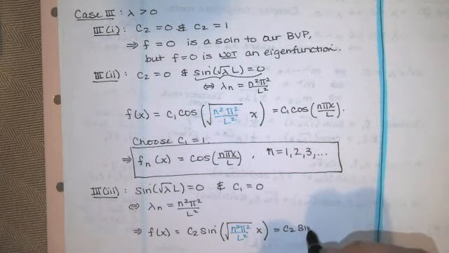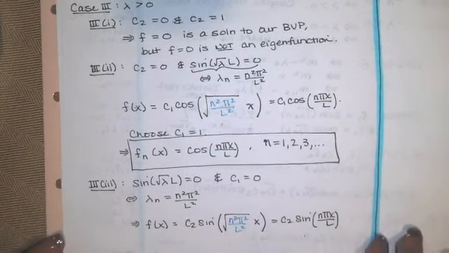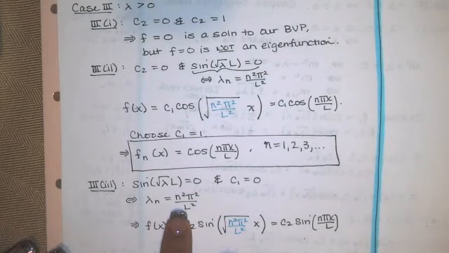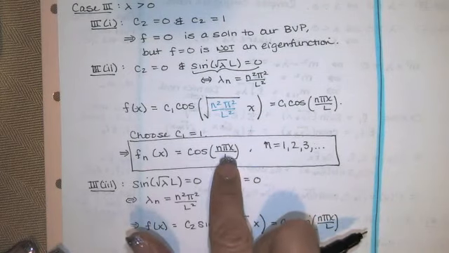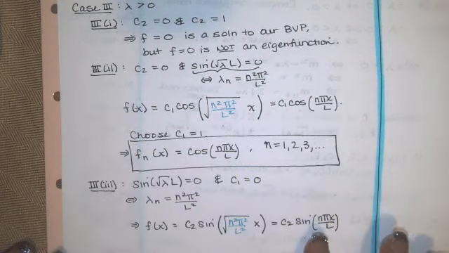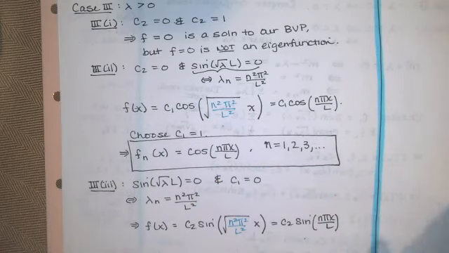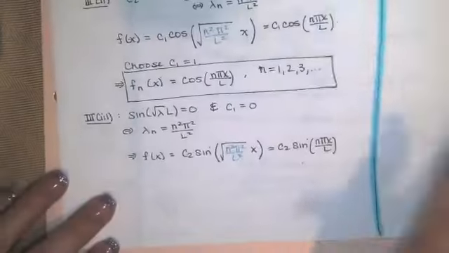So we get C2 times sine of n pi x over L. So for this value of lambda, lambda sub n, I not only get this eigenfunction, f sub n, I also get this eigenfunction. I get the cosine functions, and I also get sine functions for every value of n.